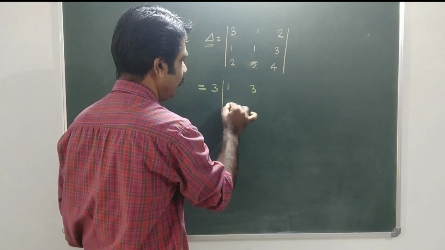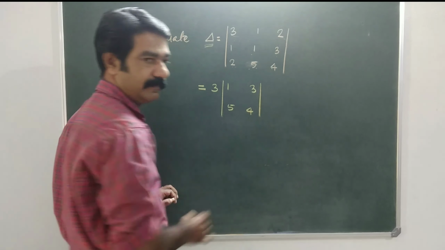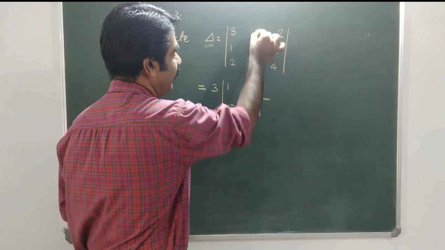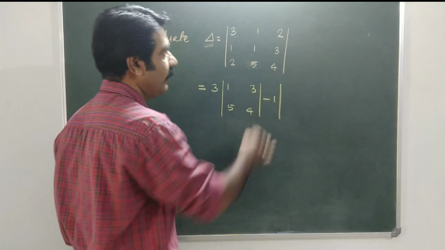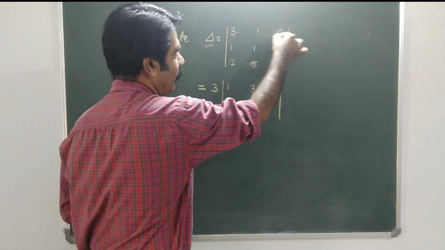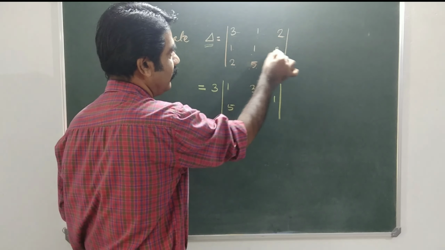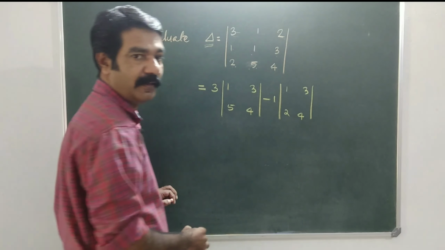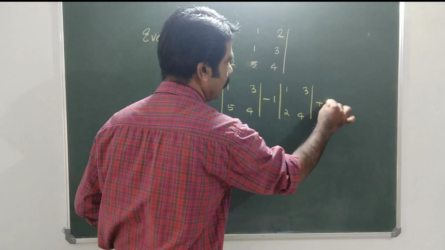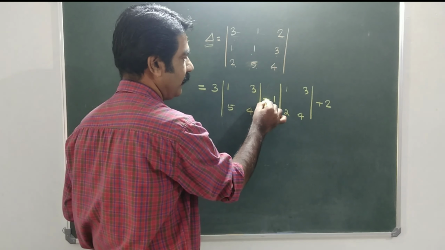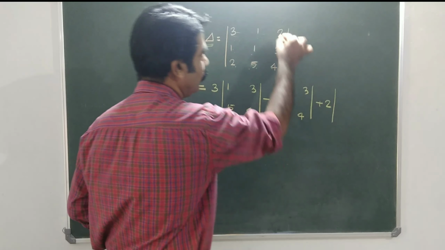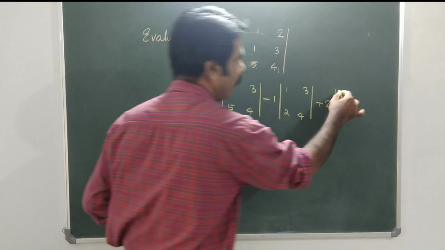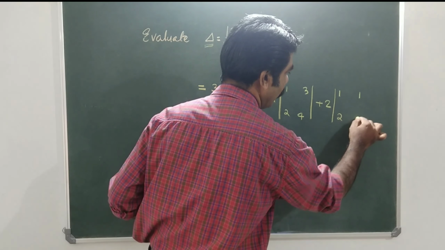Now minus, since the first is positive and the second is negative, minus 1 into deleting the first row and second column; the remaining is 1, 3, 2, 4. Third one is positive, plus 2 into deleting the first row and third column; the remaining is 1, 1, 2, 5.